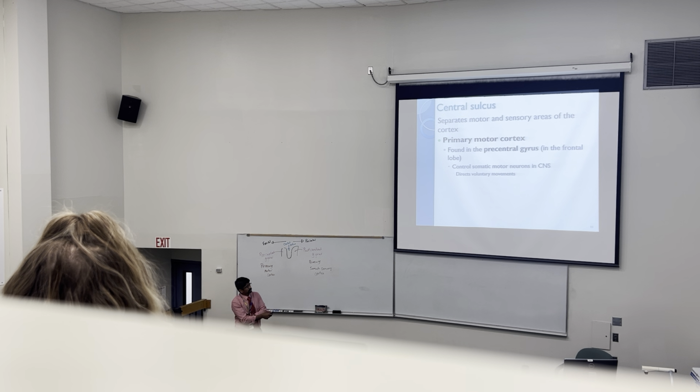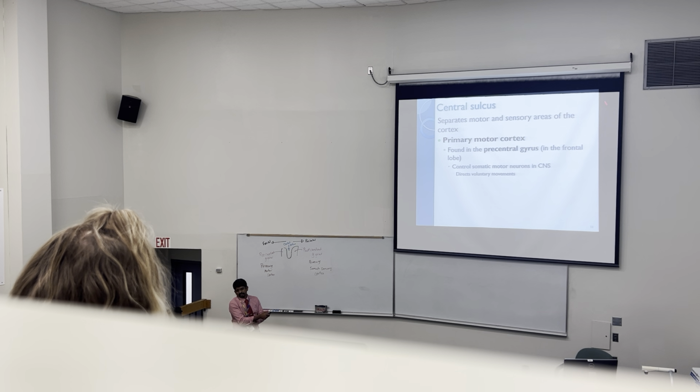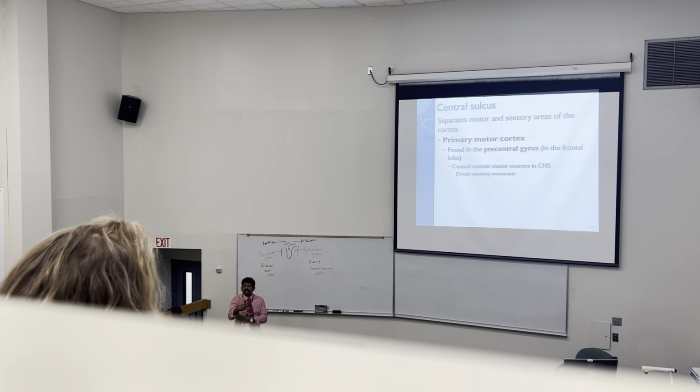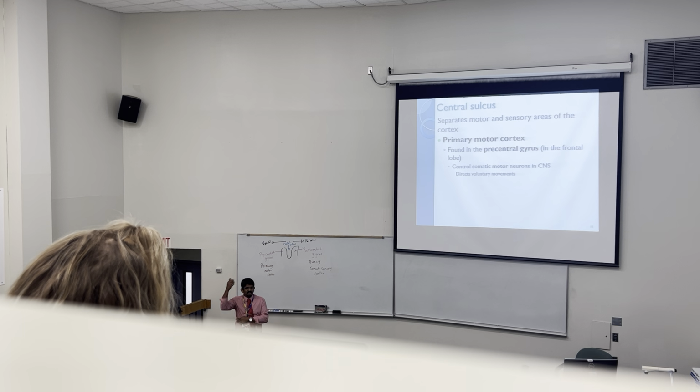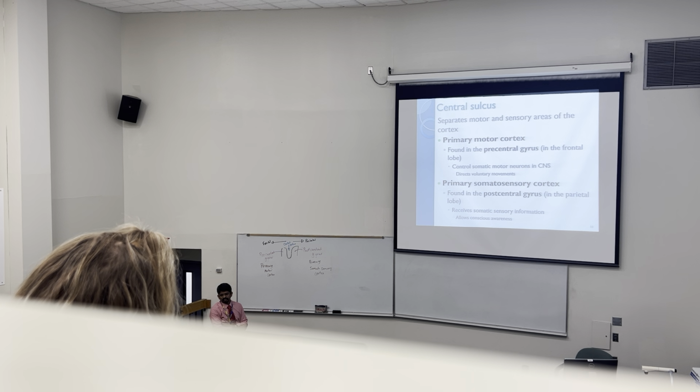So primary motor cortex is found within the precentral gyrus. So when we initiate our voluntary muscle movement, it's coming from the precentral gyrus. While the postcentral gyrus is primary somatosensory cortex. This will receive the information from our body, skin, joints, muscles, tendons.